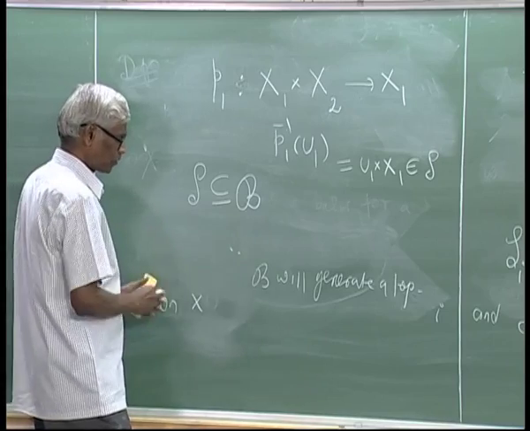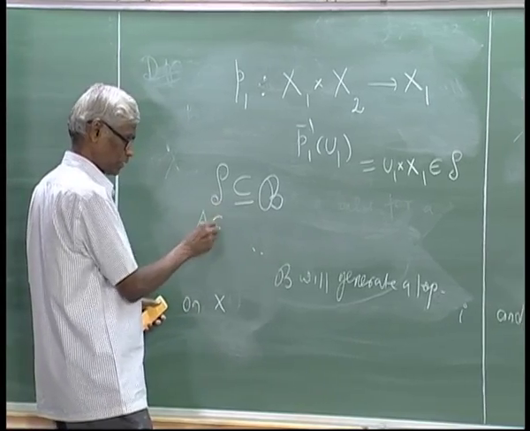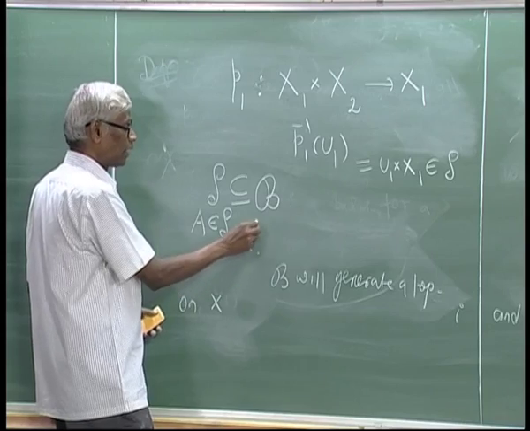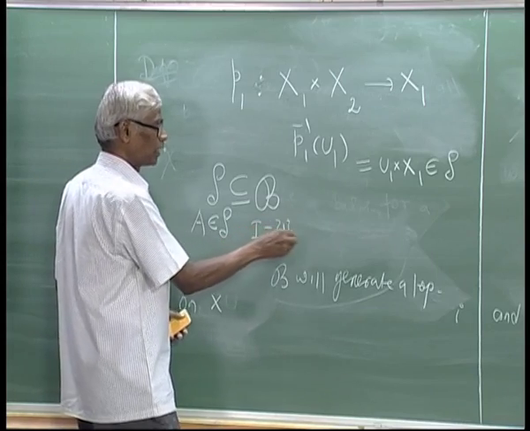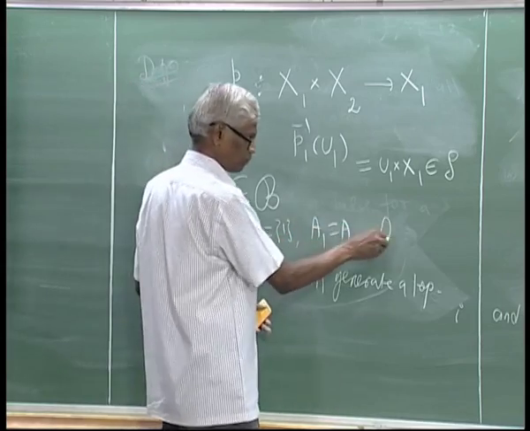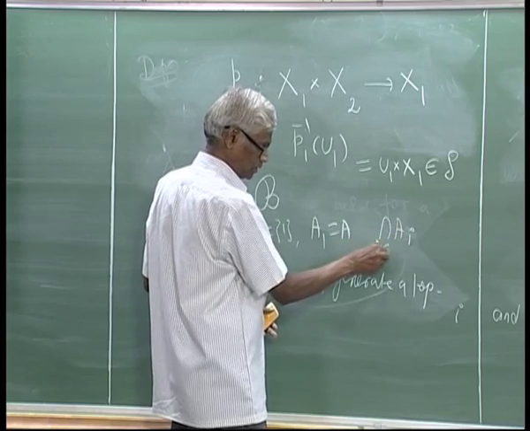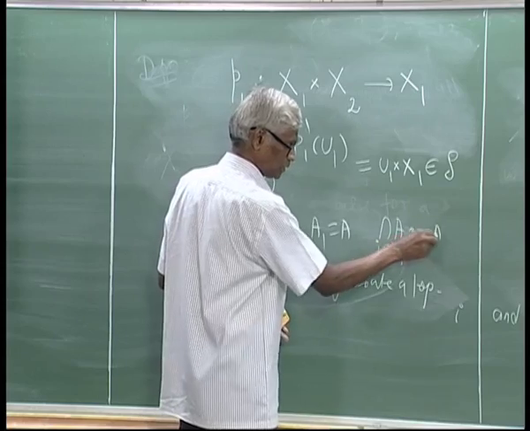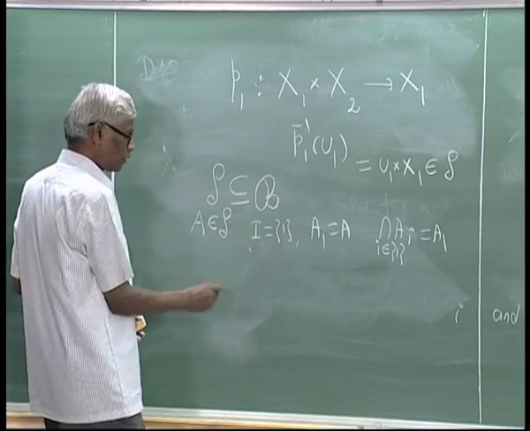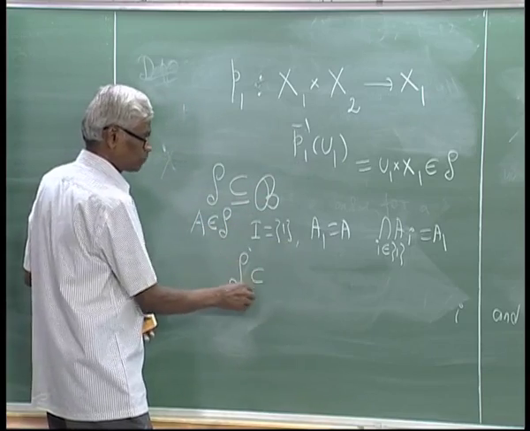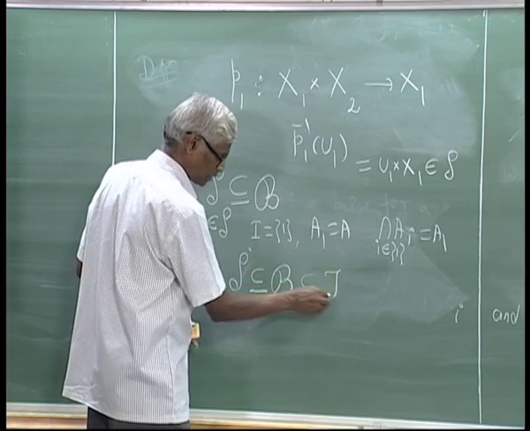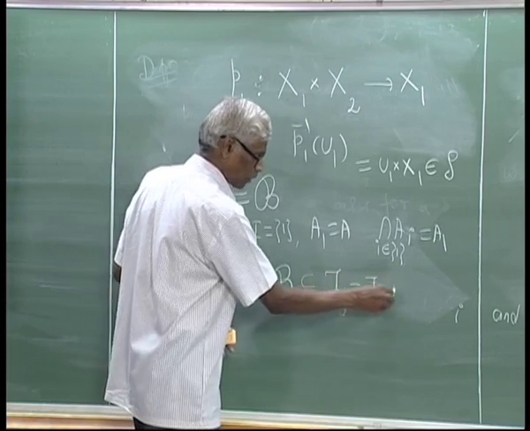So, take any member A belonging to script S. Once it is a subbasis, our index set is the singleton 1, take I equal to the singleton 1 and A1 equal to only A. So the intersection of A_i, i belonging to the singleton 1, is A1. By definition, script S will be a subcollection of script beta, and so a subcollection of tau. This is our product topology.